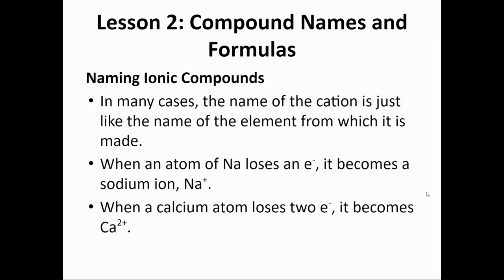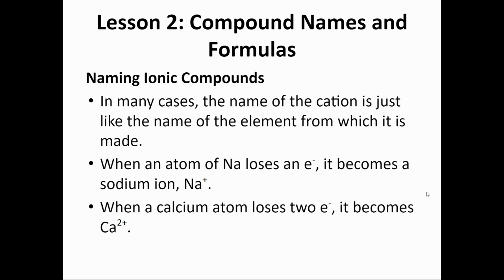But in ionic compounds, some atoms are giving up electrons, other atoms are gaining electrons. Sodium, for instance, is giving up one electron, which means it's going to have one more proton than it does electron, which is going to give it an overall charge of +1.